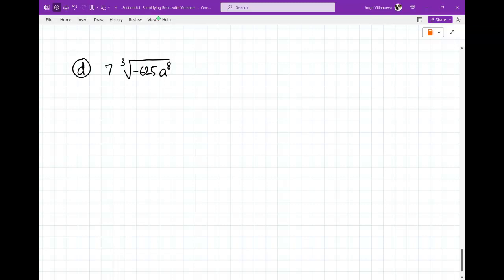So here we go. 7 cubed root of negative 625, 8a to the 8th. Now, is there a cubed root to negative 625? No? All right. So, can I divide 625 by 125? Does that work? Yeah, it does.